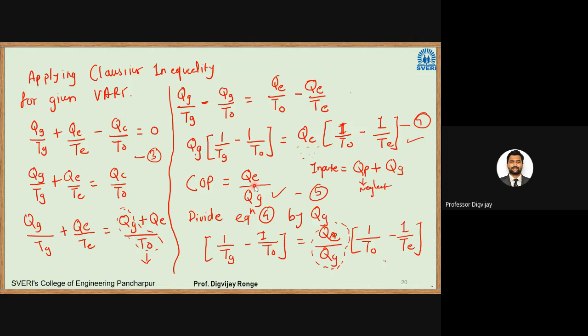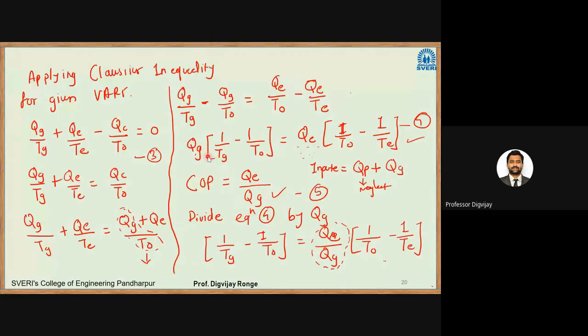You calculate efficiency and COP, the logic is the same. In the numerator you have your objective, in the denominator you have your input. So what is your objective in the numerator? To extract the heat, that is QE. What will be your input in the denominator? So what is your input in this case? That is QG, heat supplied to the generator. So you can see in these two equations, COP is QE divided by QG.